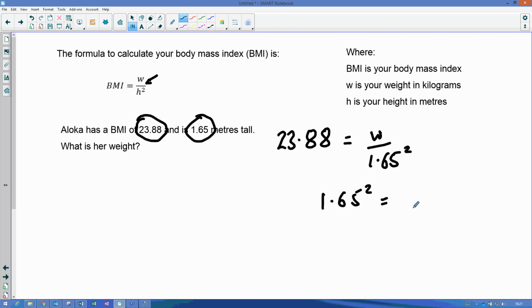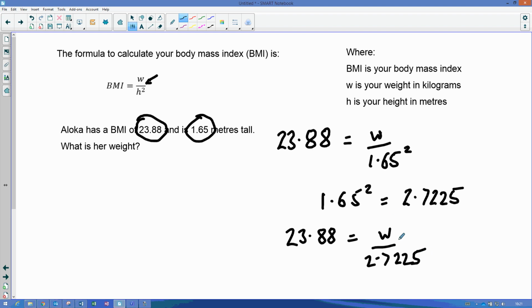So I can use my calculator to work out that that is 2.7225. And when I redo that, 23.88 equals W over 2.7225. And now my problem is, how do I work out what W is from this?